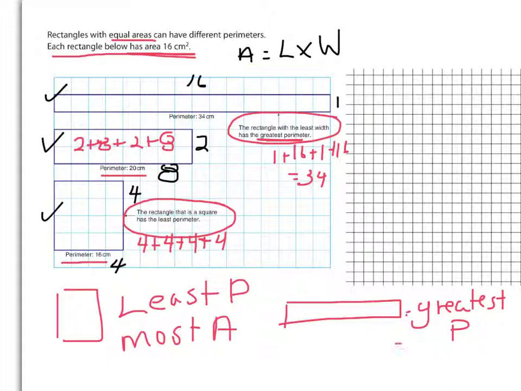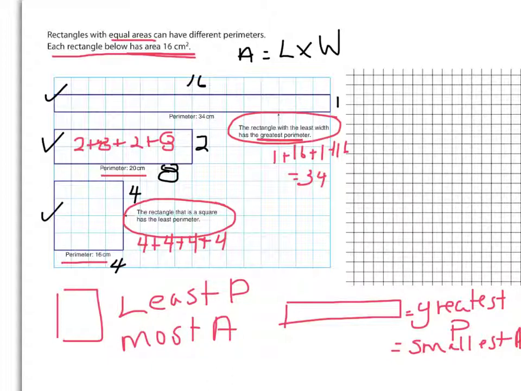On the last screen, we also said it's going to have the smallest area. So if we're looking for a rectangle that's going to have a short distance around the outside edge, but the most space inside, we're looking for a square type shape. If we are looking for a rectangle that has a really long distance on the outside, but not taking up a lot of room on the inside, we're looking for a long, skinny rectangle.